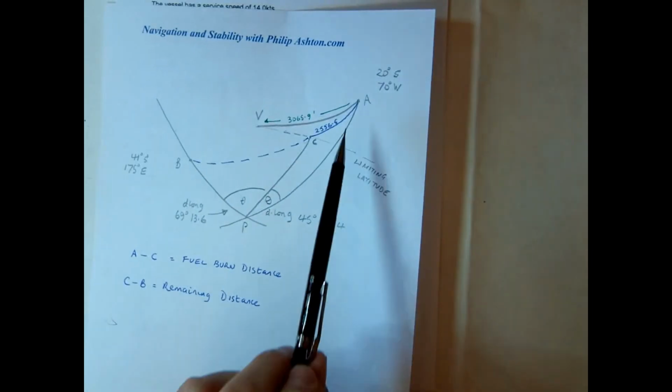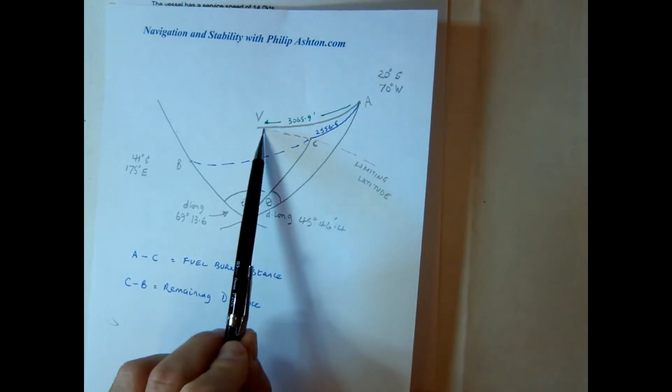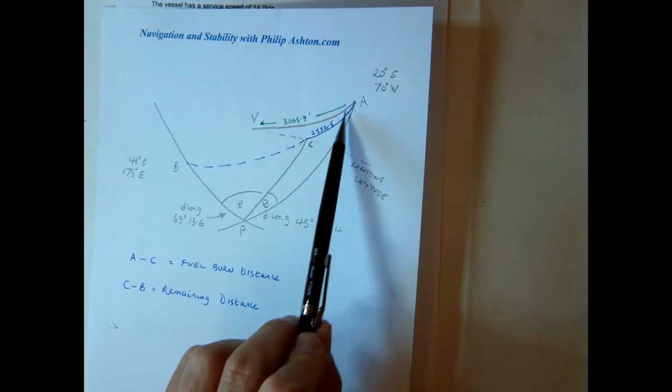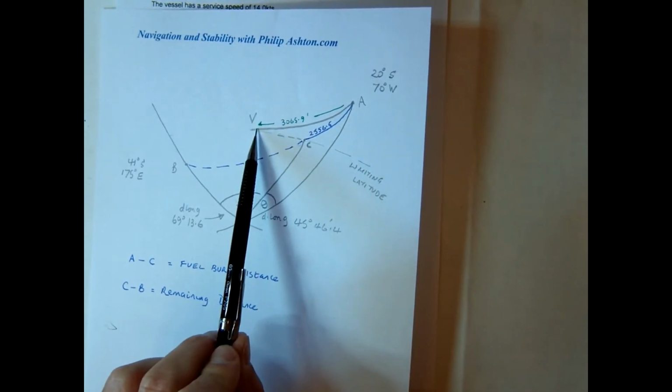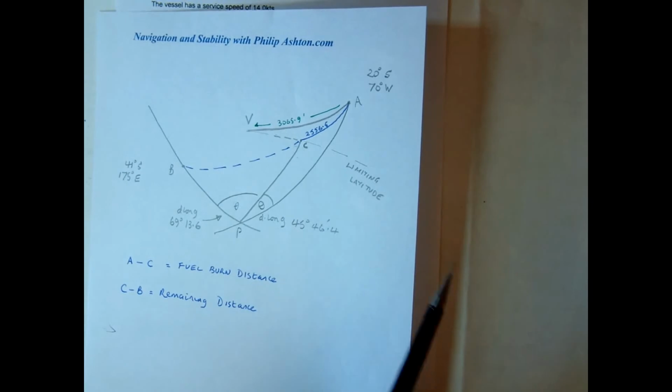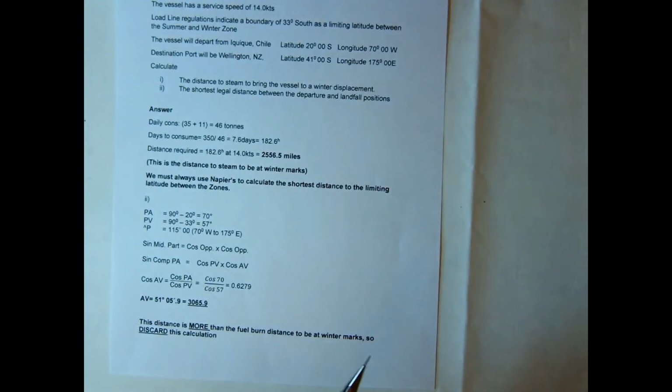We've simply established that the distance to steam there is too much, and looking at the sketch there, we've gone to our limiting latitude here and it's taken us 3065.9 miles, which exceeds the fuel burn distance, so we discard that distance.